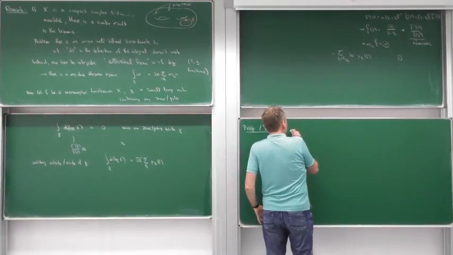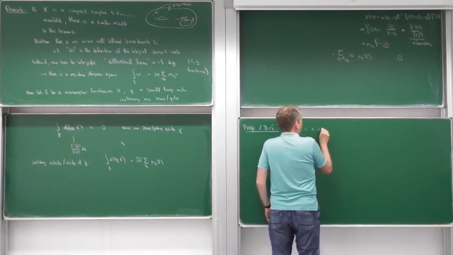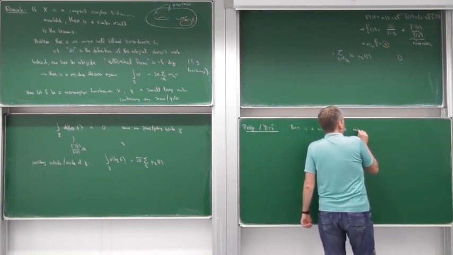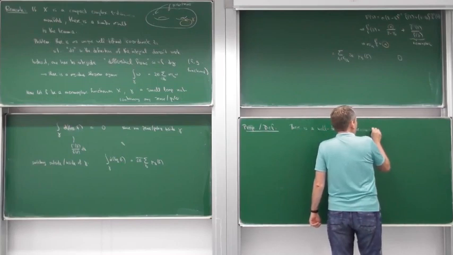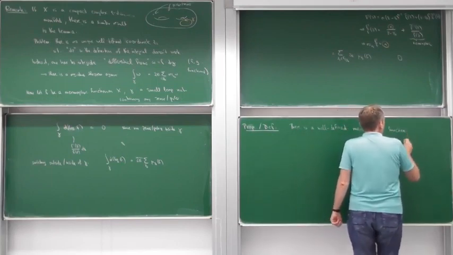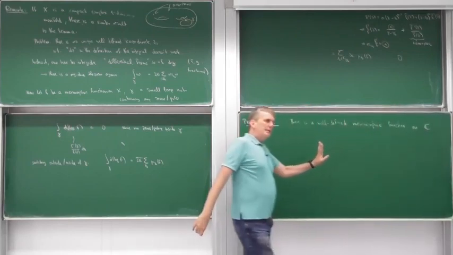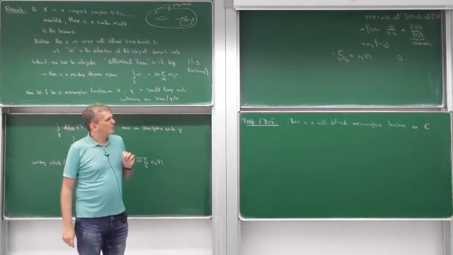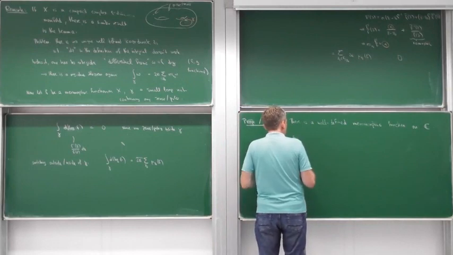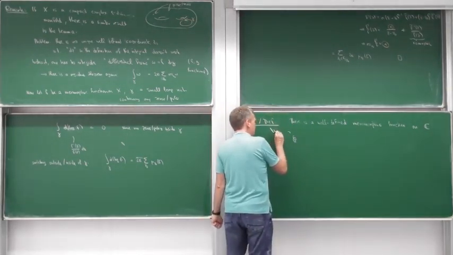So again, a lattice is given, and the statement is there is a well-defined meromorphic function on C. So let's first do it on C, but it will turn out to be periodic later on. And the latter, we'll write it by some curly letter P. So that's TeX notation \wp.